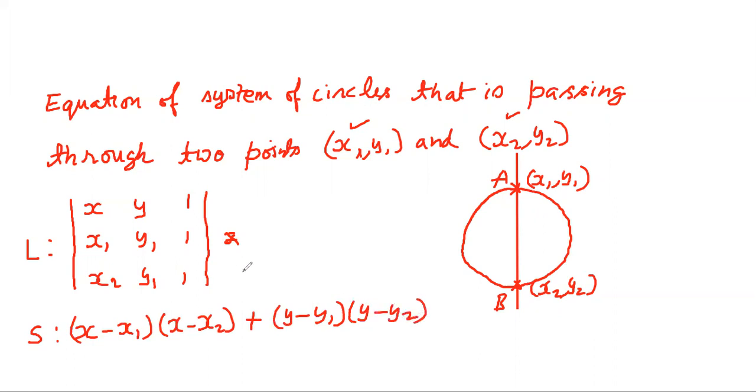So the line equation and the circle equation are given to you. Now this line and this circle are intersecting at the points A and B. So the equation of the system of circles will be S plus lambda L equal to 0.